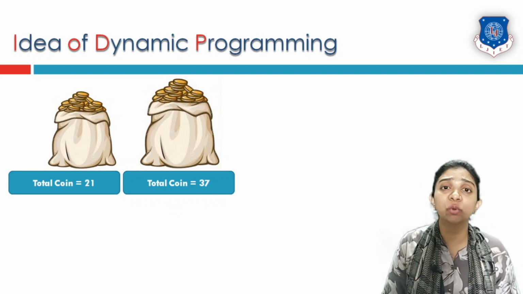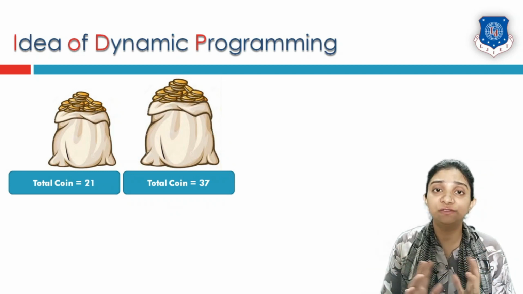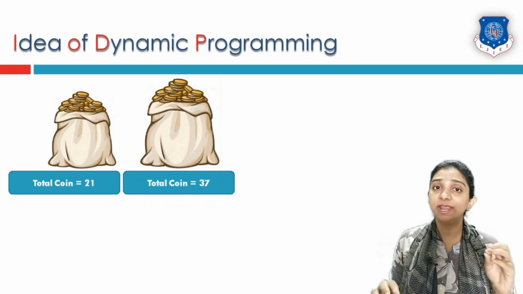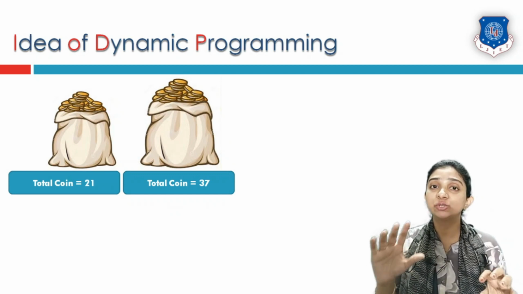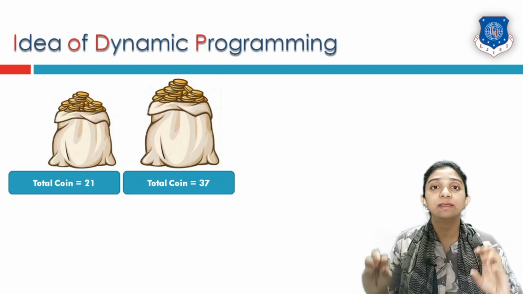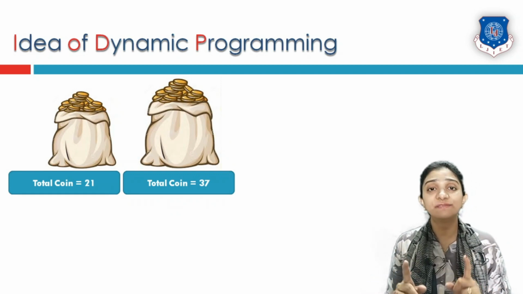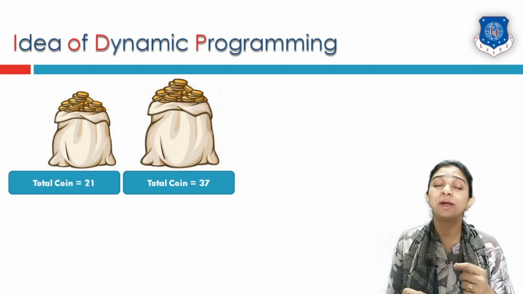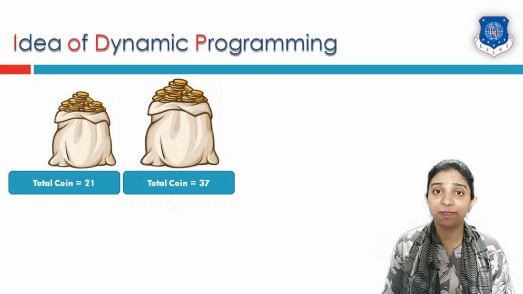Now if I ask you how many coins are there in total in these two bags? If you already have an answer of the total number of coins in one bag and the total number of coins in another bag, the fastest answer that you can give is to add the coins of the first bag with the coins of the second bag. Instead of counting the coins one by one from each bag, you will give a faster answer this way.